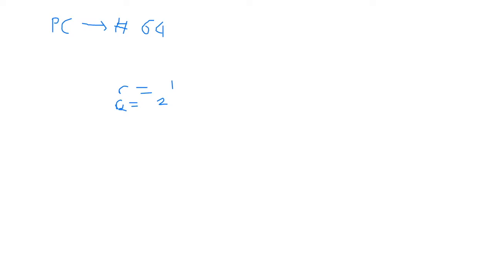So the next address is maybe 64. At address 64, we expect maybe a load. So load R1 to R2, source destination. Then we say, okay, that's the plan.